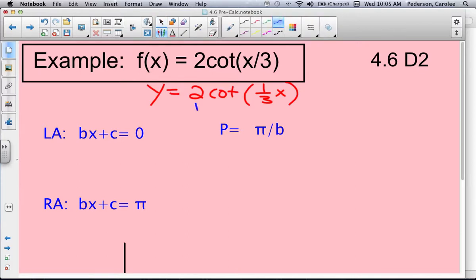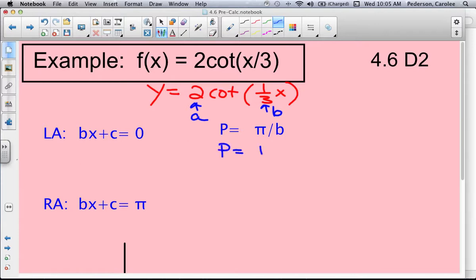So this a value, all that does is just stretch it, making it look a little skinnier. The b is 1/3. So let's talk about the effect on our period when we have a b of 1/3. Let's substitute in our equation.